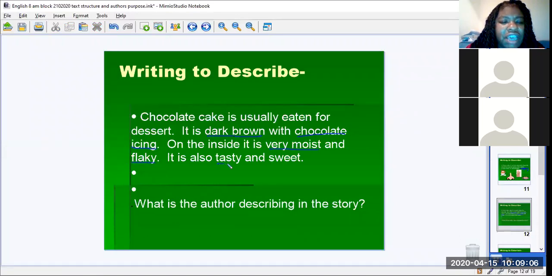It is also tasty and sweet. So these words are adjectives and or adverbs. Now it's up to you to figure out which one is which. So that's a challenge for the playback people. Figure out which words are adjectives and figure out which words are adverbs. Challenge.